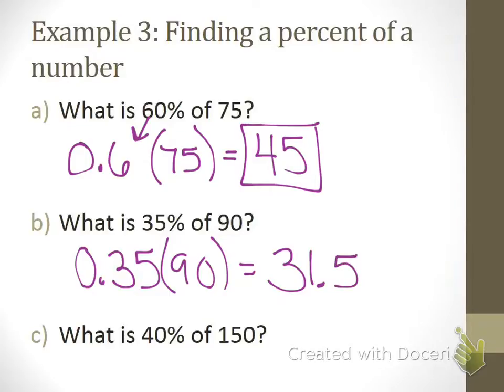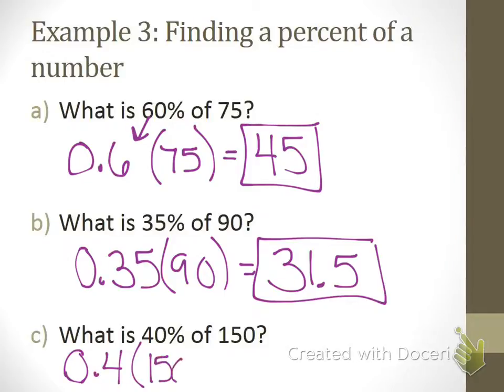Who got 31.5? I was a little bit skeptical about it because I didn't know if you were supposed to have the 0.5. Yeah, that's fine. So how do I find 40% of 150? 0.4 times 150. Change that percent to a decimal, multiply it by the total, and you get 60. Who got 60? All right, good job.